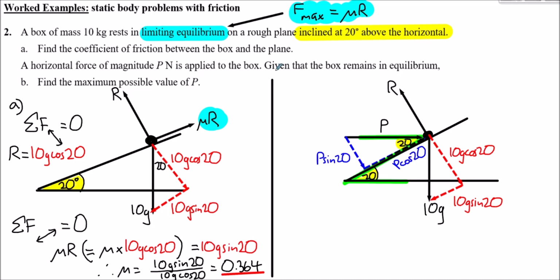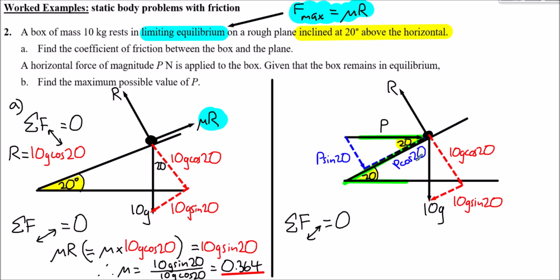So it's saying here that it's still in equilibrium. So let's consider this time the forces going parallel to the slope. It's still in equilibrium, so forces parallel to the slope will be balanced and equal to 0 if you were to add them all together. The way I think about it is forces in one direction will equal forces acting in the opposite direction. So going up the slope, we're going to have P cosine 20.